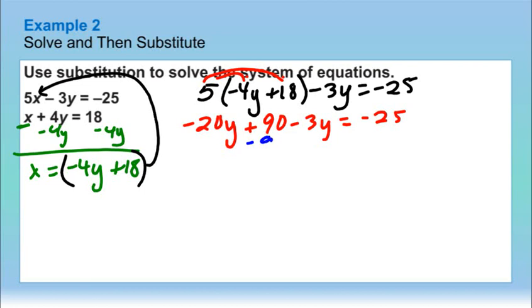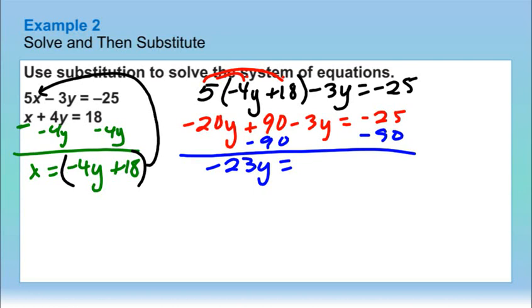I subtract 90, and then combine like terms, I'm left with negative 23y equaling a negative 115. Divide everything by negative 23. Now on my calculator, I have negative 115 divided by negative 23.